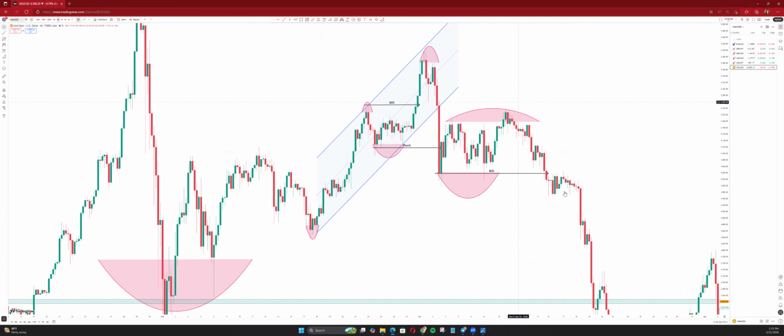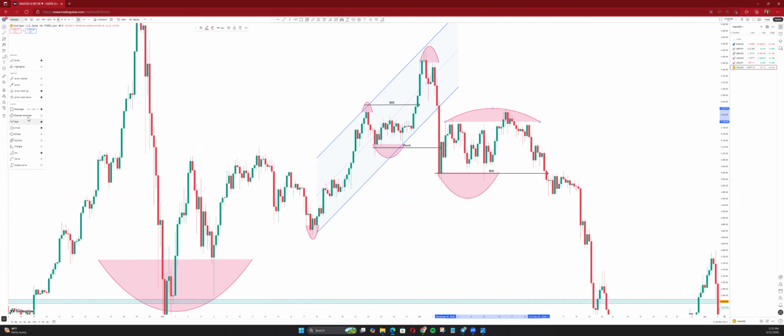So I hope you know the reason why I'm using this ARC tool, an ARC tool in tradingview.com. Look at where it's found here.